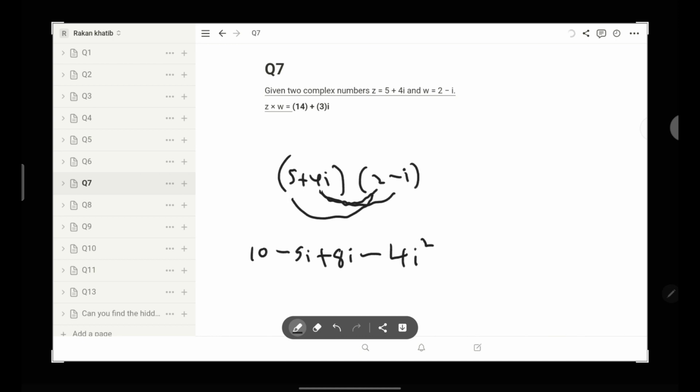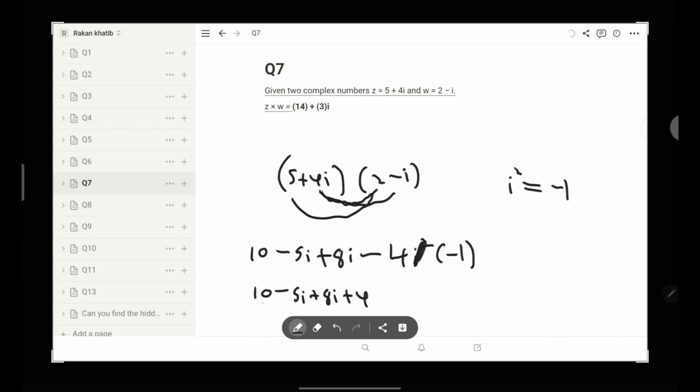Now this is a rule you need to know. Whenever you see i squared, it's always equal to negative 1. So instead of i squared, we're just gonna put negative 1. So it's gonna become 10 minus 5i plus 8i, and then minus 4 times negative 1, it's just gonna become 4.